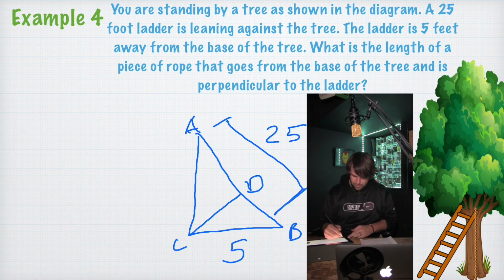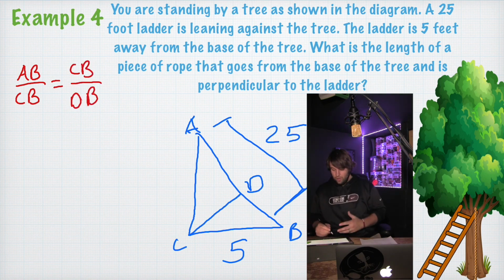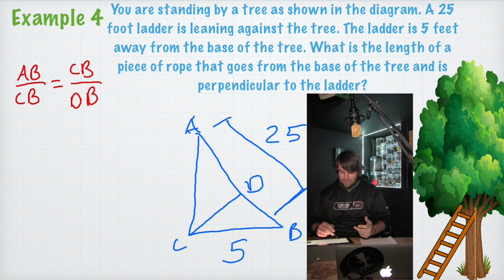AB over CB equals CB over DB. We can use this proportion because we have enough of the parts. You have to have either AB and DB and solve for CB, or you need to have AB and CB, and you'll be able to solve for DB, which is our case.